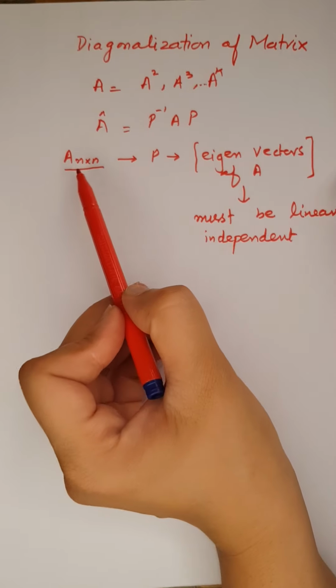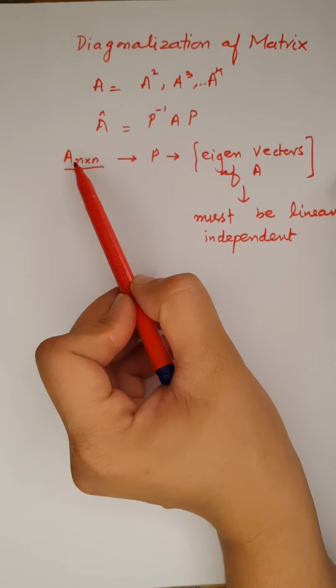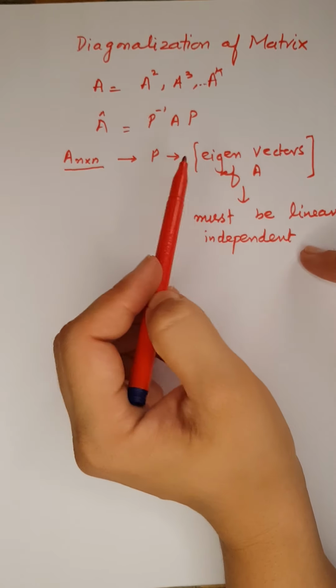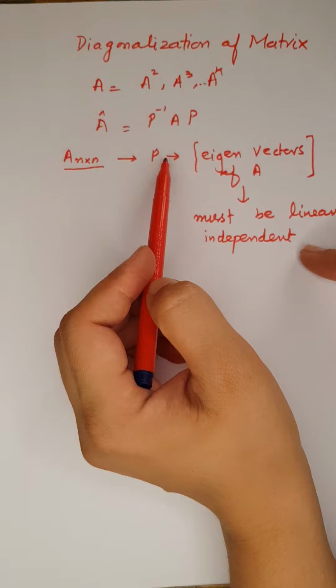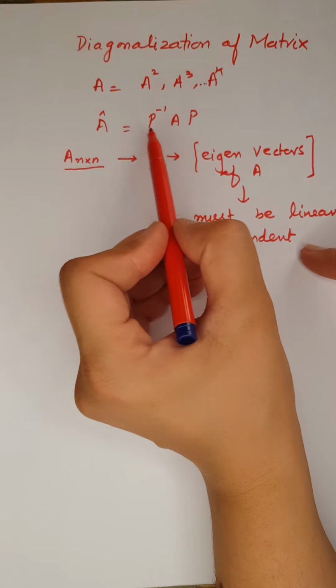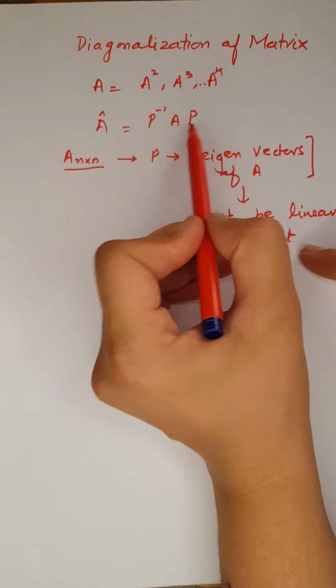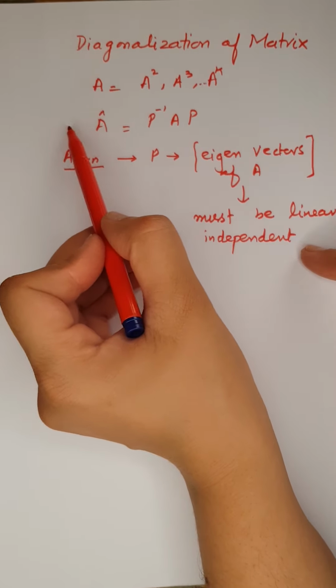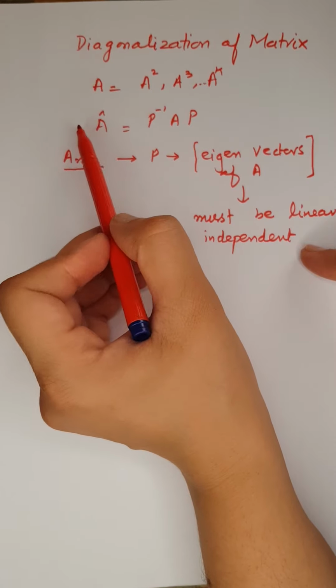If you determine the eigenvectors of a matrix A and they are linearly independent, then you can construct the matrix P. After determining P, you find P inverse and use this formula, and the resultant matrix will be called the diagonalized matrix.